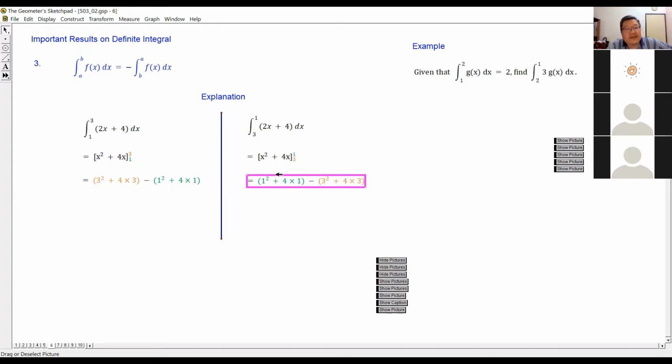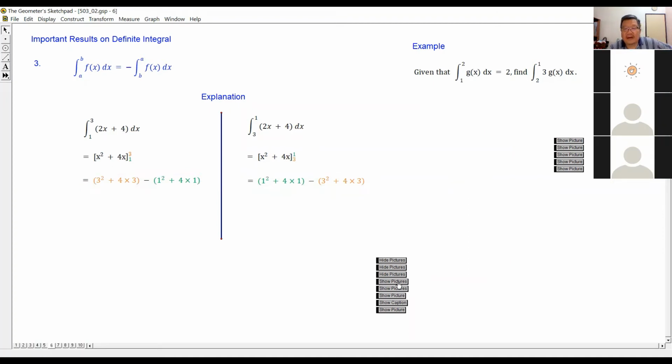Substitute 1, I have this thing. Substitute 3, I have another one like this. Now, you notice that these two have the same value, just that one has the green in front, orange behind, and the other has the orange in front, the green behind.